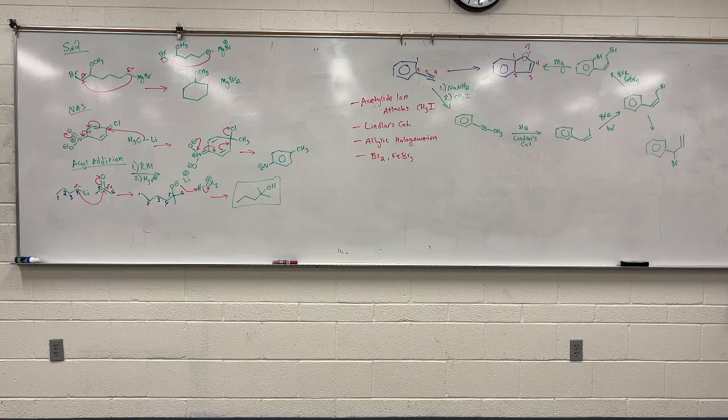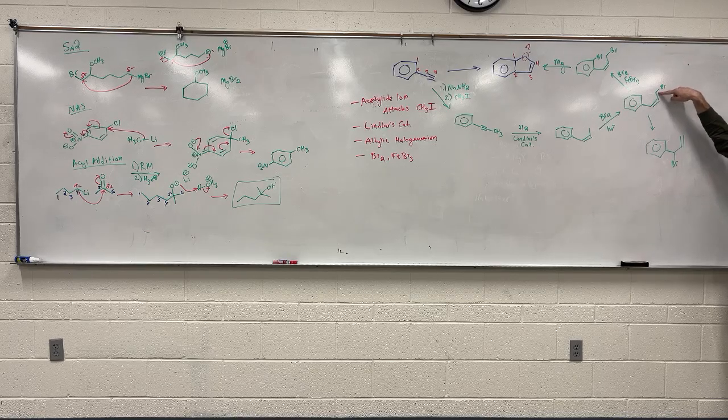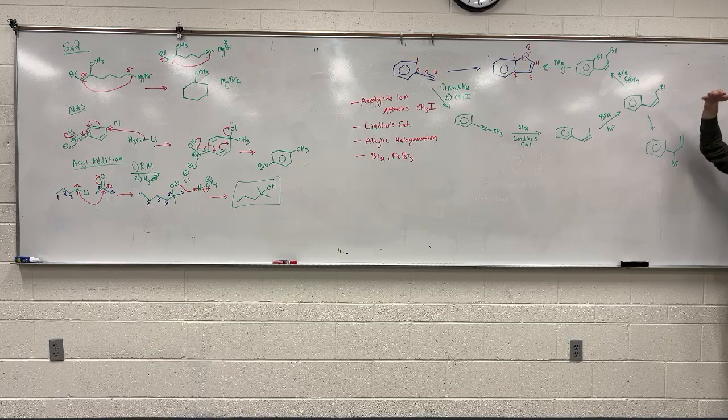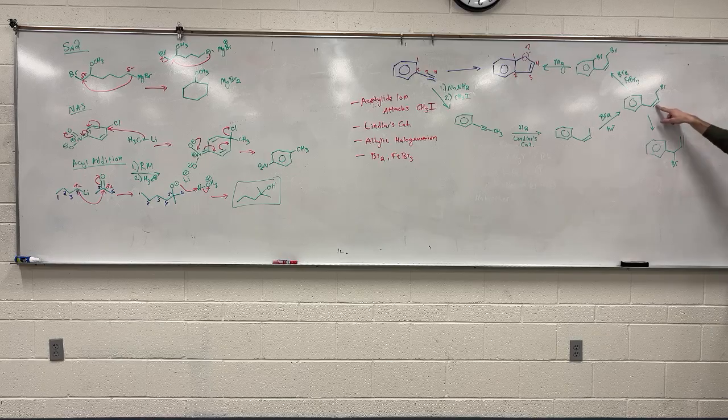On the other hand, the radical that this forms from is more substituted and conjugated to the alkene, which means this radical is more stable. And this radical is less substituted and not conjugated to the alkene and is less stable. So we actually start to see some kinetic and thermodynamic differences here. Di-substituted alkene, more stable.